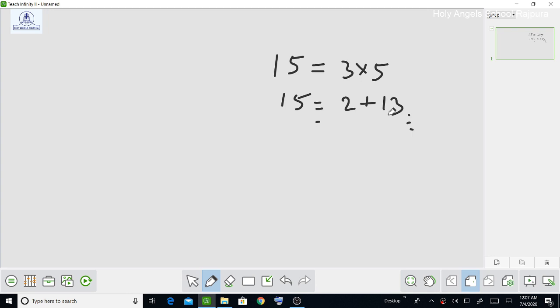15 can be expressed as a sum of two numbers, or 15 is equal to 7 plus 8.